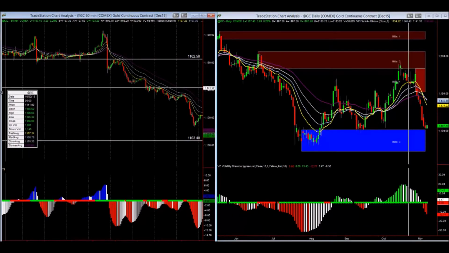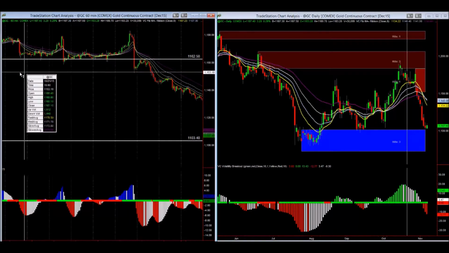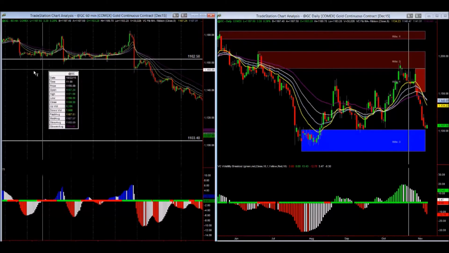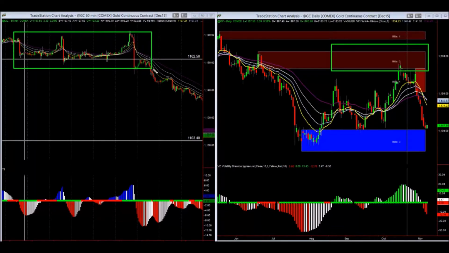You can see that on both charts, this is right where gold started running into resistance. You can see there is a nice zone there on the daily chart, which has played 3 times. And so what we want to begin looking for here is a lower high and a lower low. So right in here we're starting to look for a trend change.